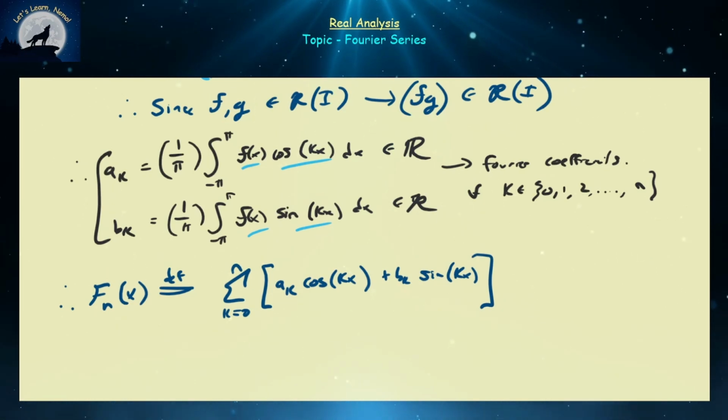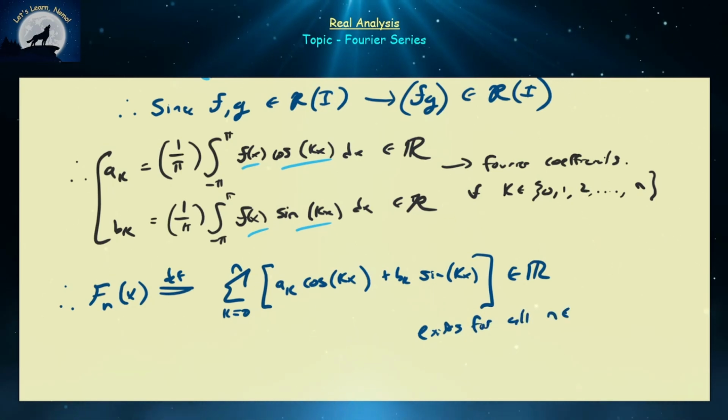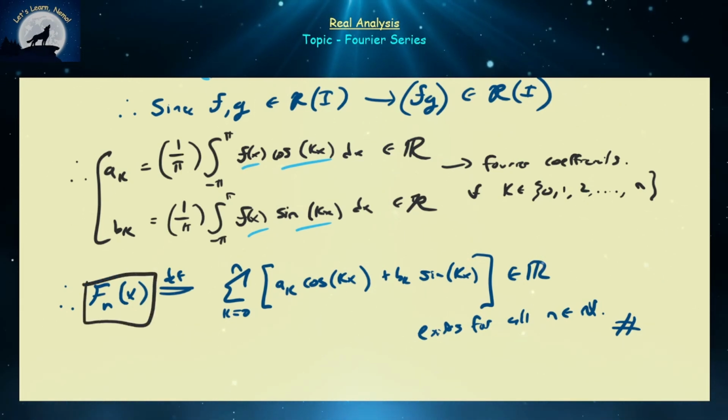Then this object, because a_k is real, cosine is real, b_k is real, sine is real, and the sum of a bunch of real numbers is real due to closure, this is a real number and exists for all n in the naturals, right? Because this is just the Fourier approximation to f on minus pi to pi, which is a specific case of c minus l to c plus l.